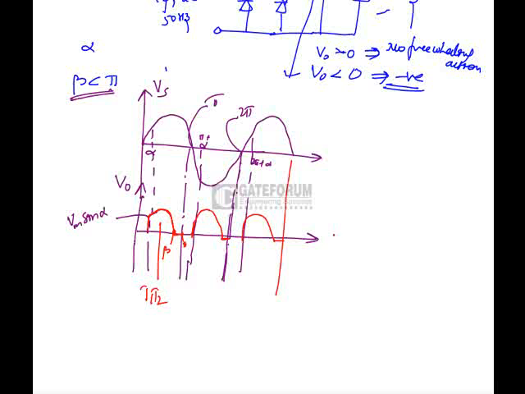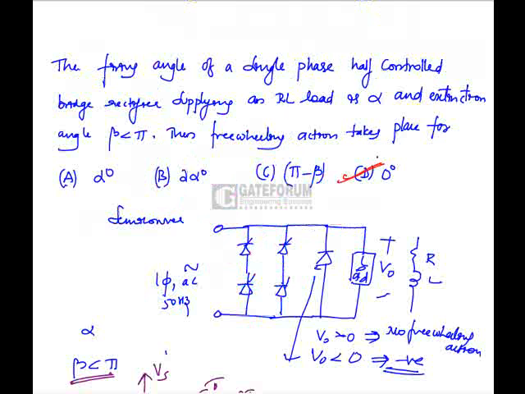If you see, the freewheeling diode is not in conduction. That means freewheeling action is not at all taking place, since beta is less than pi for this single phase semi converter. The diode will conduct for 0 degrees. Option D is the correct answer.